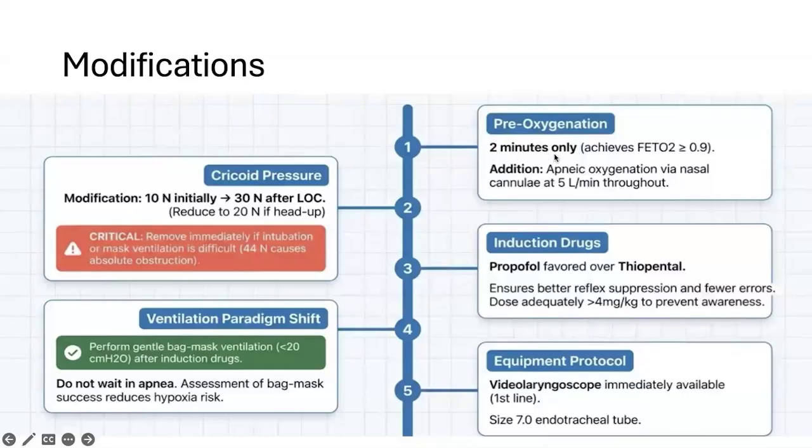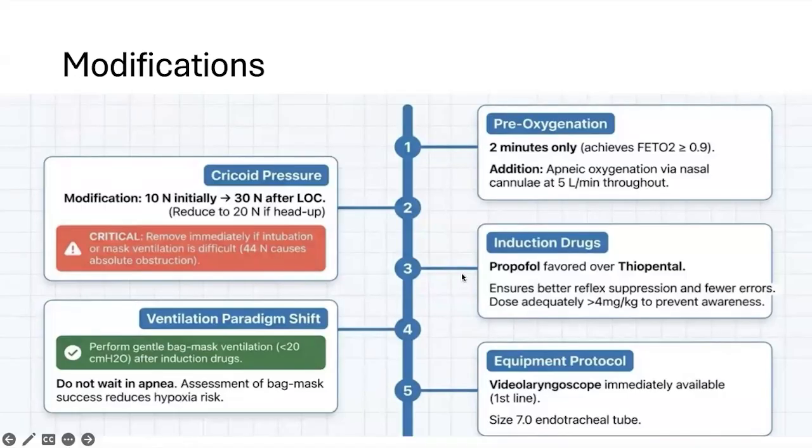Pre-oxygenation is now 2 minutes only to achieve FeO2 of 0.9. Then we can go for apneic oxygenation with a nasal cannula at 5 liters per minute throughout while the patient is intubated.